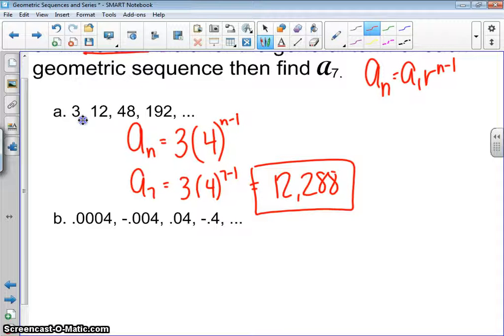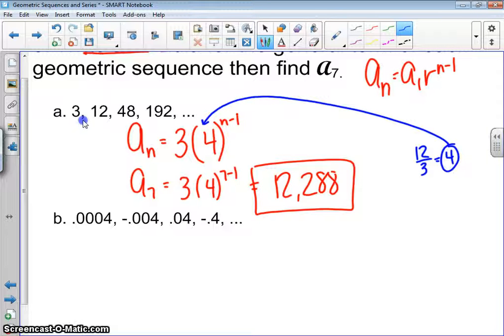To find that, one thing that I could do is say 12 divided by 3. And 12 divided by 3 would give me that R value of 4. And so this one is kind of hard for me to look at and tell what the R value is going to be. Okay, it may be hard for you. It'll definitely be harder when you get to fractions sometimes to tell what you're multiplying by.